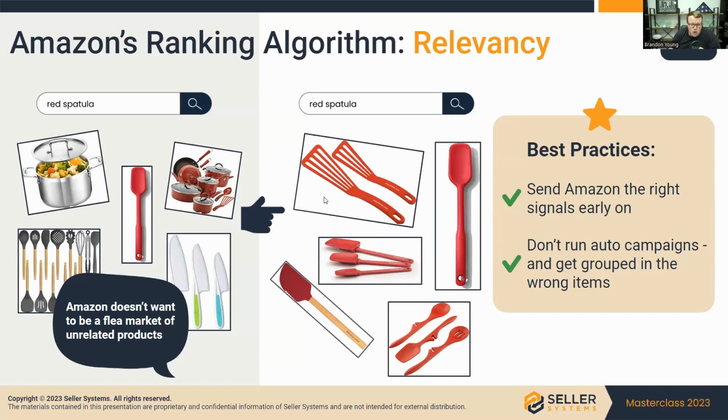For those of you that don't know, an auto campaign is where you let Amazon show your product where they think it belongs, with a maximum bid that you set, and let them figure out where to sell it. So you don't have any control over it in that sense. And you don't want them to show you for a bunch of keywords you don't belong for, happen to make a sale, and all of a sudden now they think you're selling something you're not.